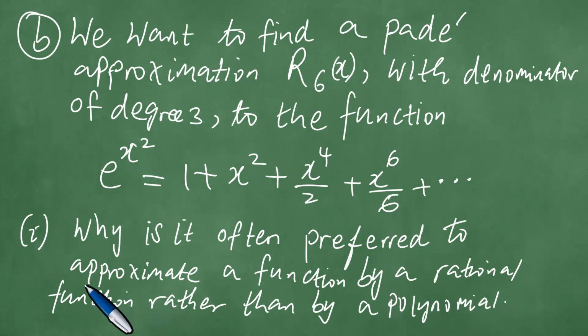Why is it often preferred to approximate a function by a rational function rather than by a polynomial? Question mark.